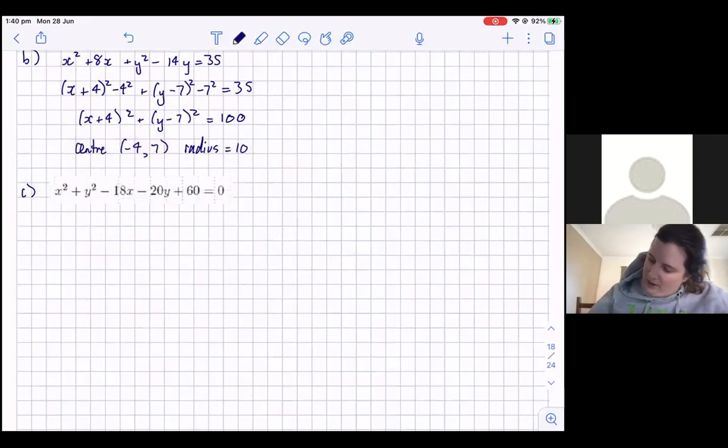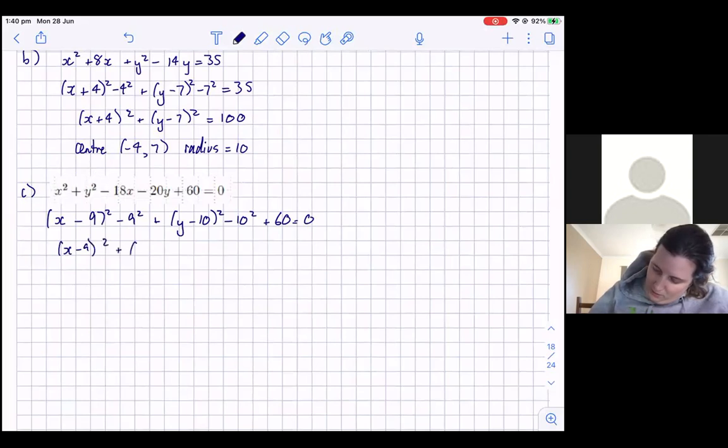X's together, Y's together. So we've got X take 18 on 2 is 9 squared, we're going to have to subtract that off, plus y take 20 on 2 is 10 squared, take 10 squared, got that plus 60 on at the end, 0. So we've got x take 9 squared plus y take 10 squared, negative 81.